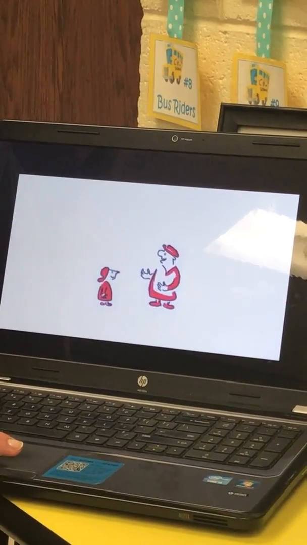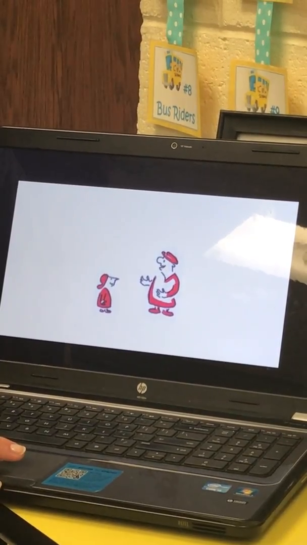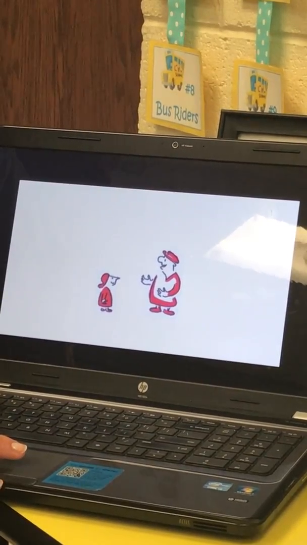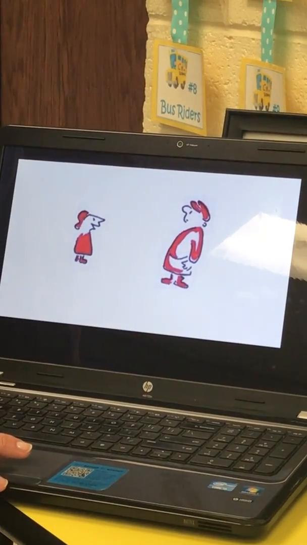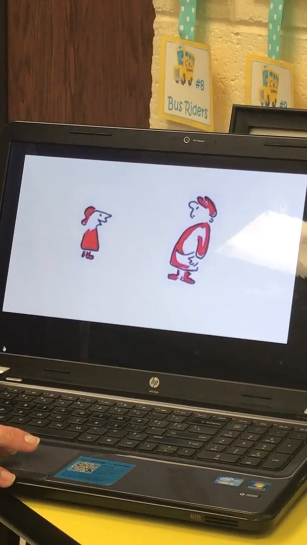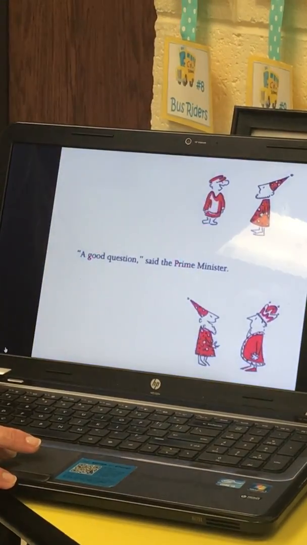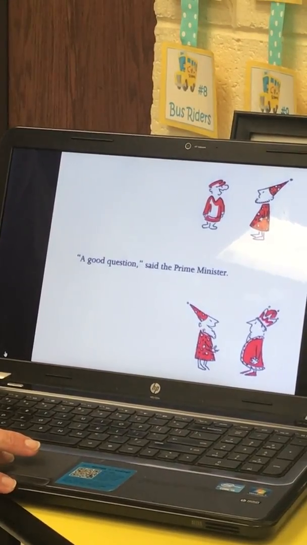"How big is a bed?" asked the apprentice, who didn't know because at the time, no one had ever seen a bed. "How big is a bed?" the carpenter asked the prime minister. "A good question," said the prime minister.